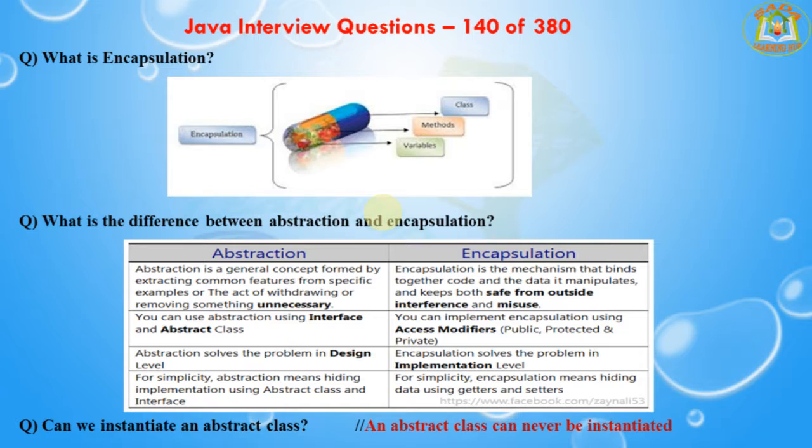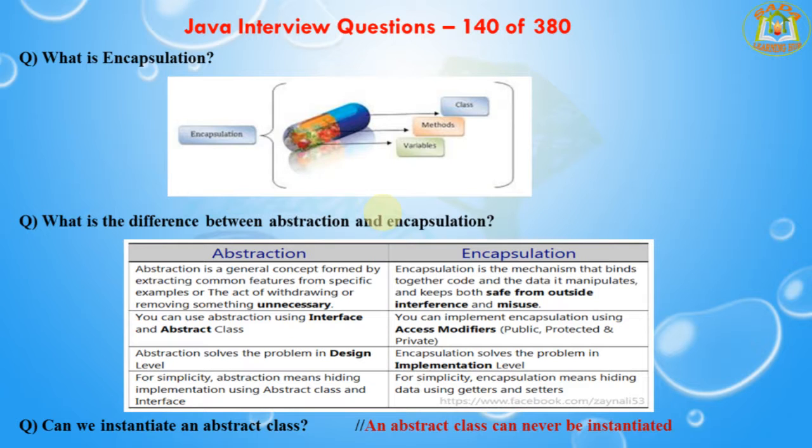Abstraction is the general concept formed by extracting the common features of specific examples, and encapsulation is the mechanism that binds together the code and the data it manipulates. Encapsulation is the deliverable of an abstraction.